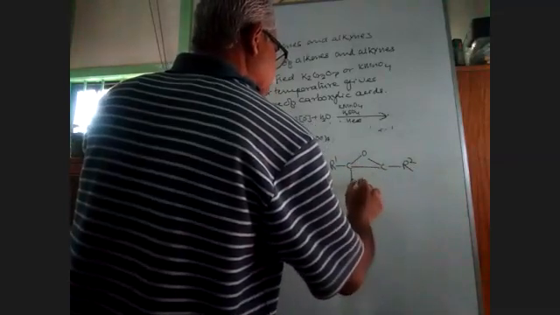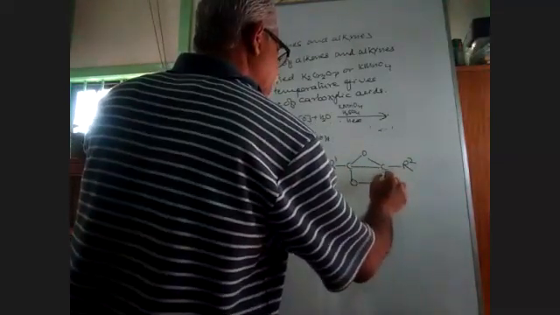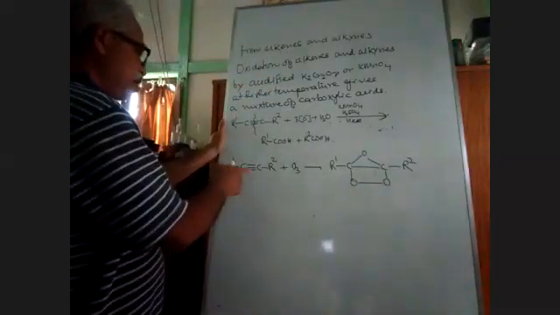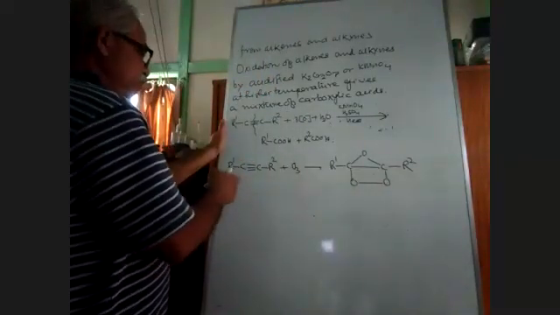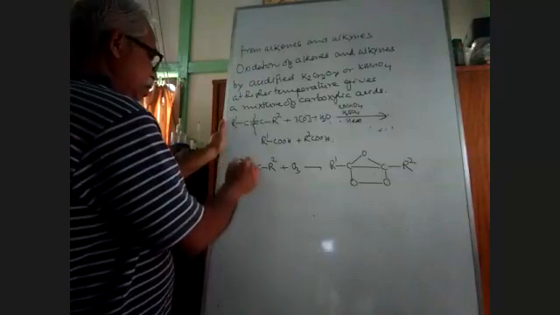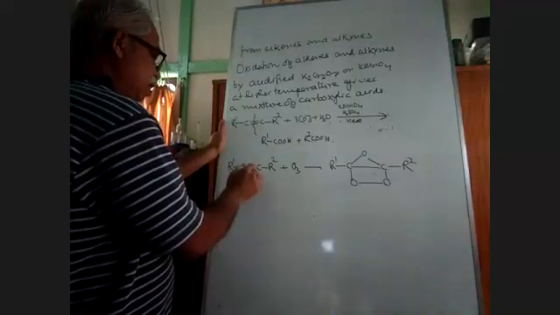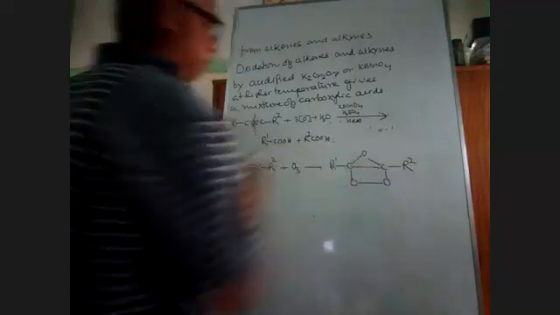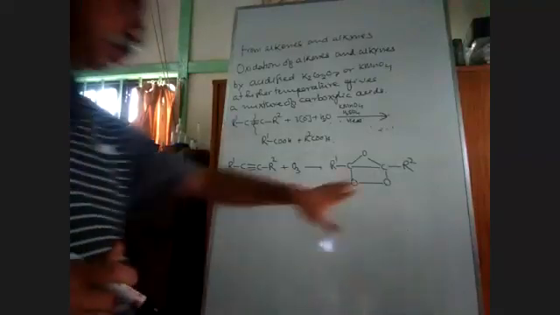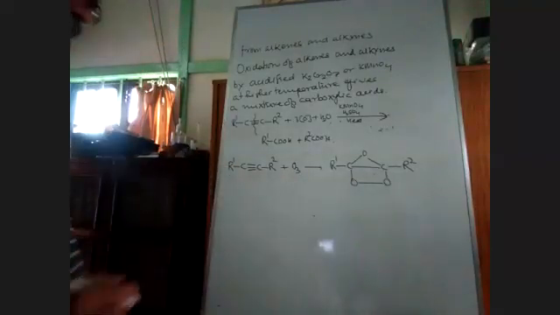See, ozonolysis oxidizes only one pi bond. Another pi bond is there, na? So these two are oxidized, but this sigma bond remains. Okay, so it almost looks like a house with a roof.